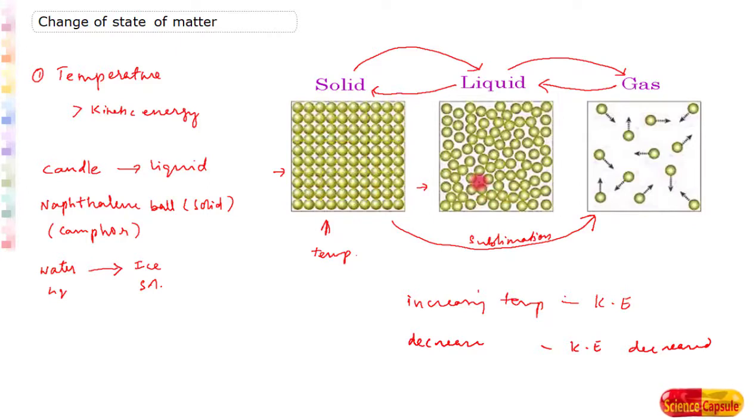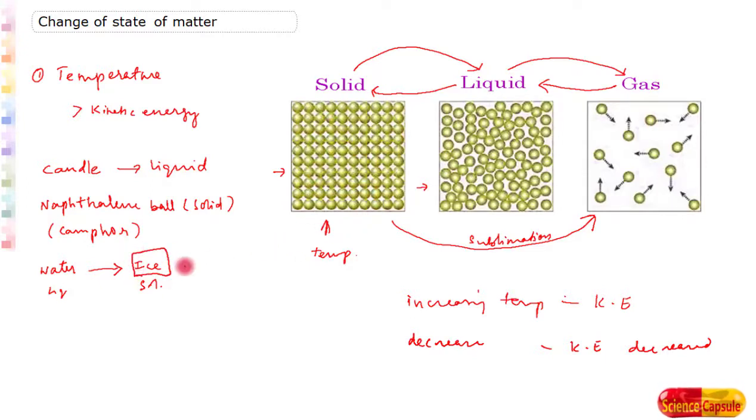The particles are compelled to come closer to one another. While further decreasing the temperature, continuously the kinetic energy of the particles of liquid gets decreased. The particles come further closer to each other. Finally, when the particles come more closer, which corresponds to the arrangement of particles in solid, then water changes into ice, that is solid state.